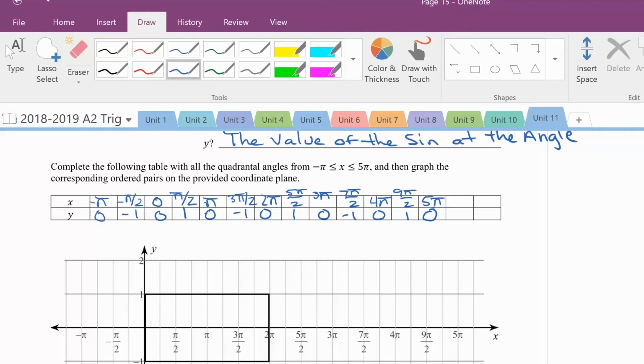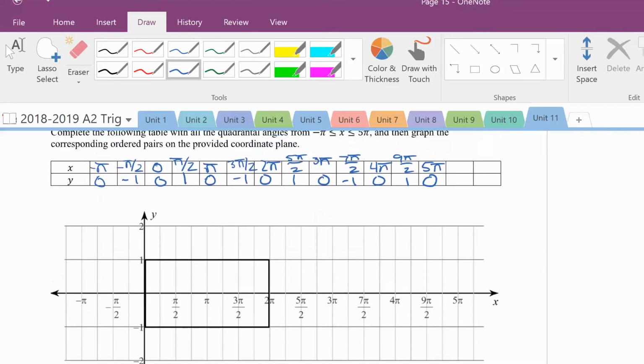So then if we graph those points from negative pi to 5 pi: 0, negative pi over 2 is negative 1, 0, pi over 2 is 1, pi is 0, 3 pi over 2 is negative 1, 2 pi is 0, 5 pi over 2 is 1, 3 pi is 0, 7 pi over 2 is negative 1, 4 pi is 0, 9 pi over 2 is 1, and then 5 pi, 0.